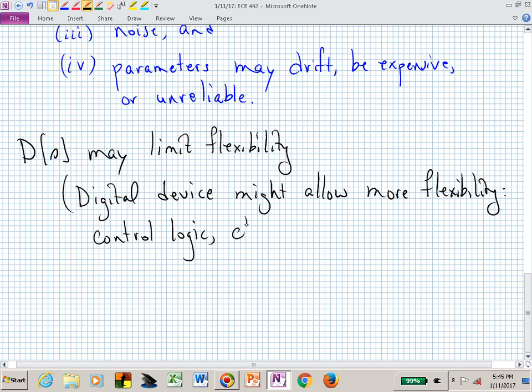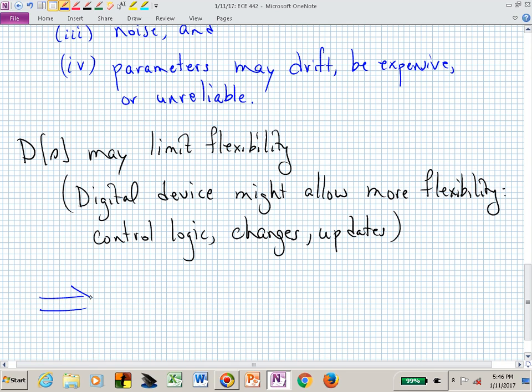We might want to make some changes without soldering or resoldering or desoldering. We may want to do updates. Introduce a completely new control strategy. We can then just burn that into the digital device, and now we have a completely new controller.